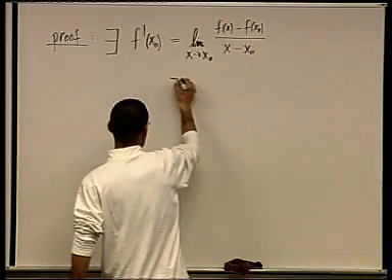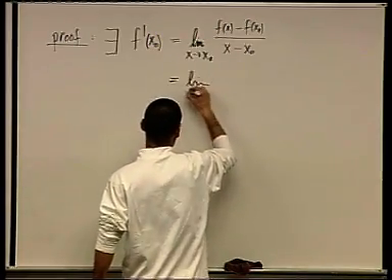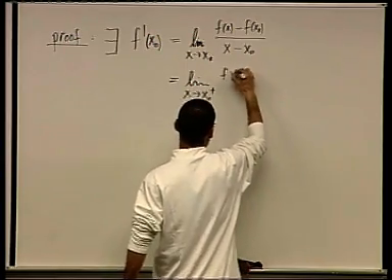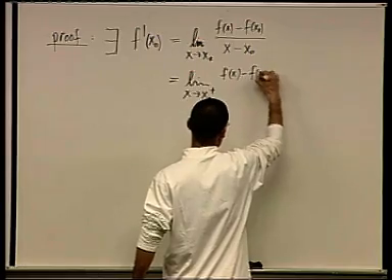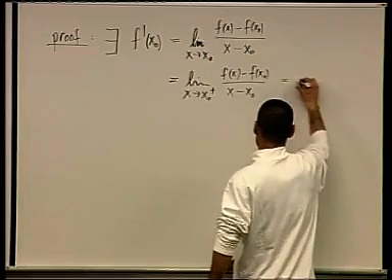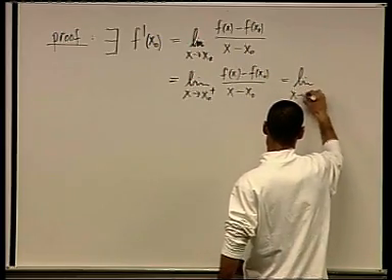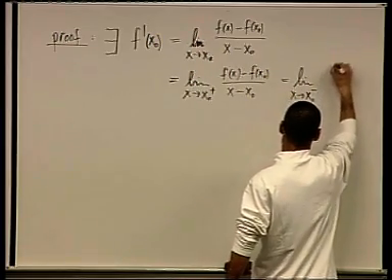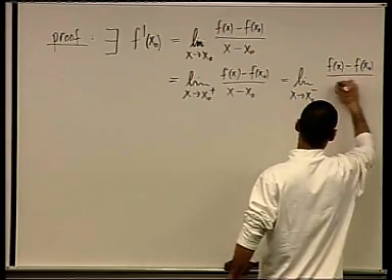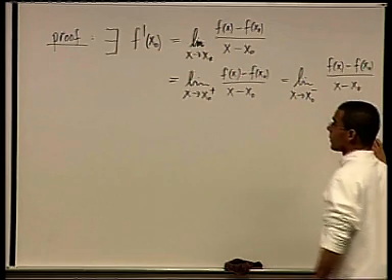So I can write that this equals the limit as x goes to x0 plus of f of x minus f of x0 divided by x minus x0. And it also equals the limit as x goes to x0 minus of f of x minus f of x0 divided by x minus x0.